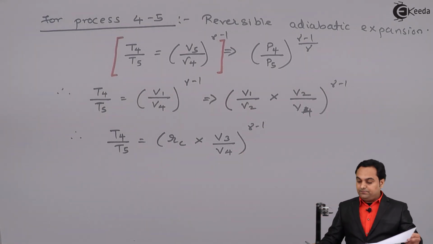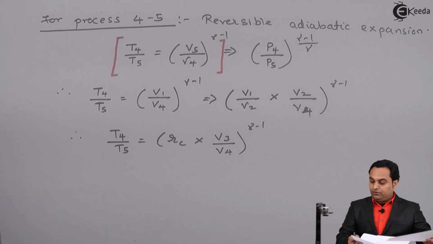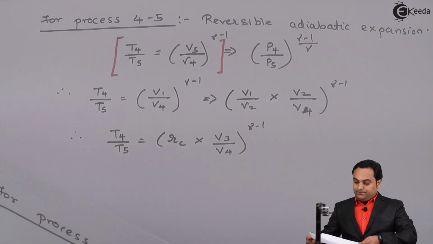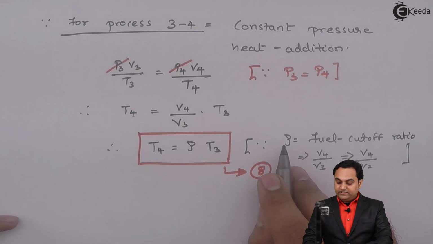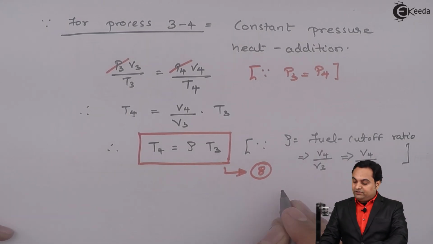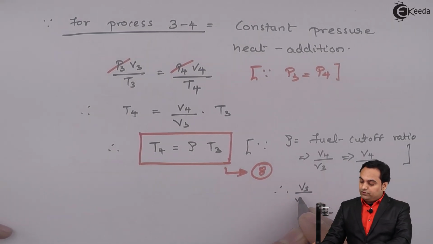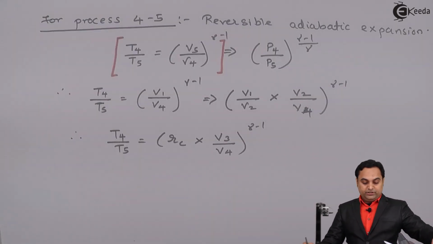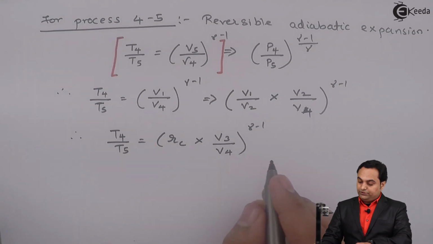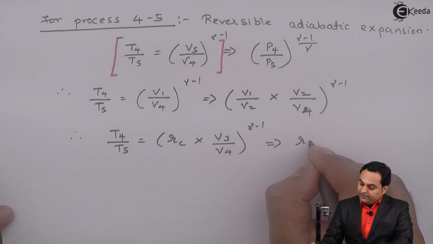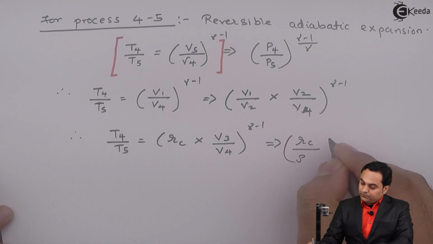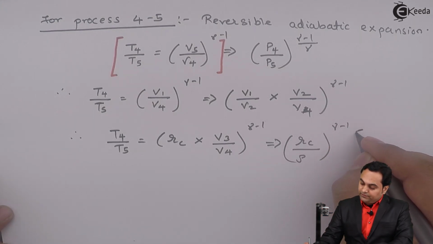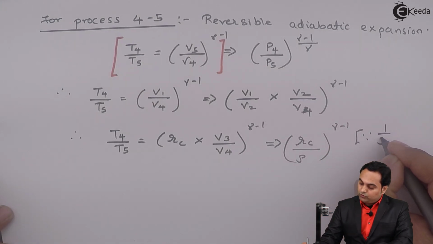Next, as we have seen previously that V4 upon V3, it was called as fuel cutoff ratio, and if it is V3 upon V4, then it is 1 upon rho, that is fuel cutoff ratio. So here rho will go into the denominator, that is it will be RC upon rho raised to gamma minus 1. Here I will write down, since 1 upon rho is equal to V3 by V4.